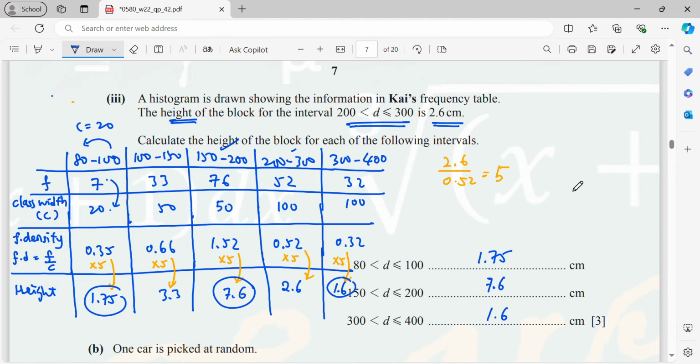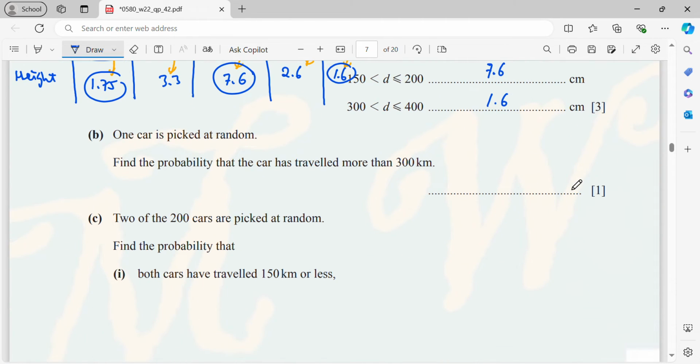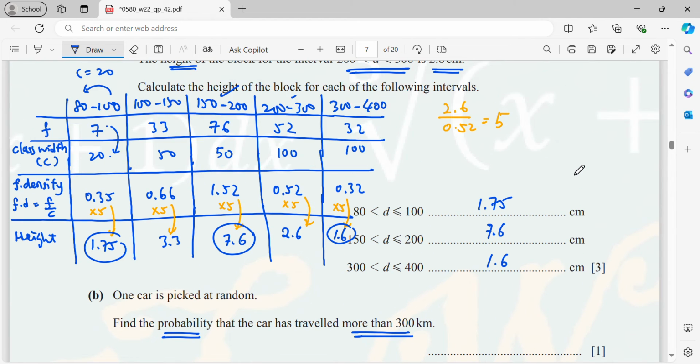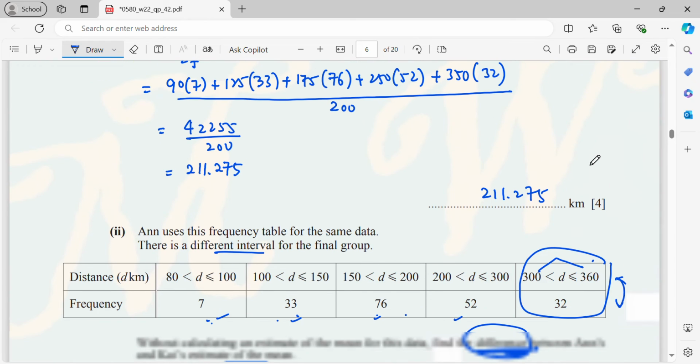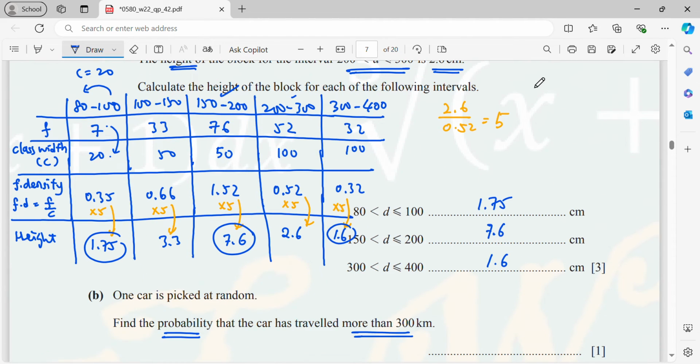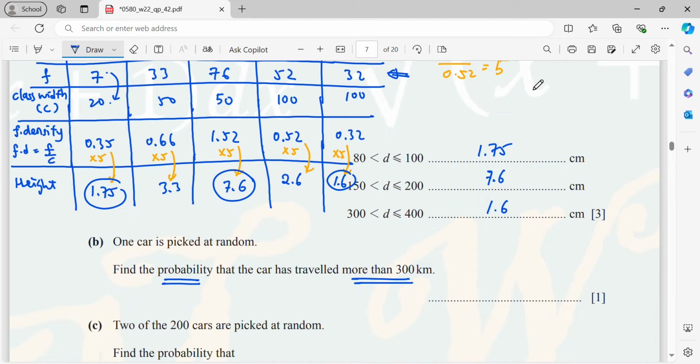Part B. One car is picked at random. Find the probability that the car has traveled more than 300 kilometers. Probability. More than 300 kilometers means, when you refer back to the table, it will be the last group. So which means now I have 32 cars out of 200 cars.